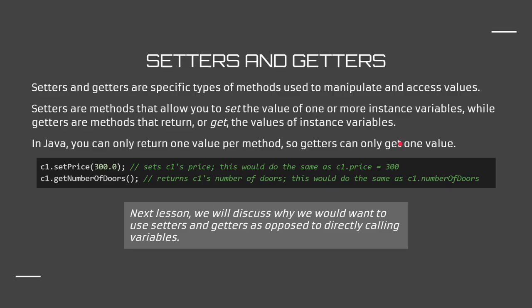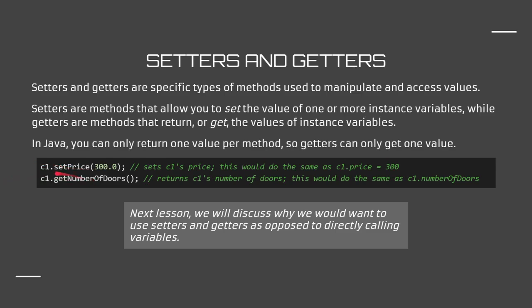The way around that would be to make an array of values and then return that array. So we do that sometimes in our robot code where, let's say we want to get wheel speeds, we would make an array of wheel speeds and we could return that array in order to get all of them at once.